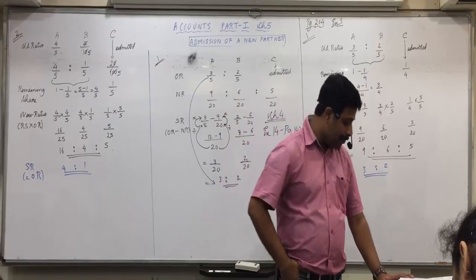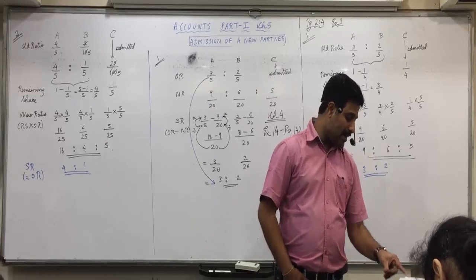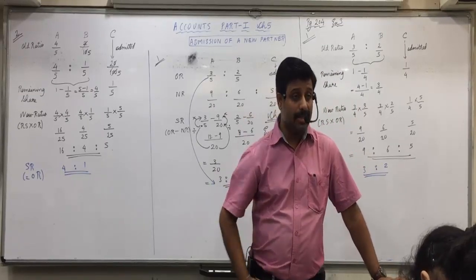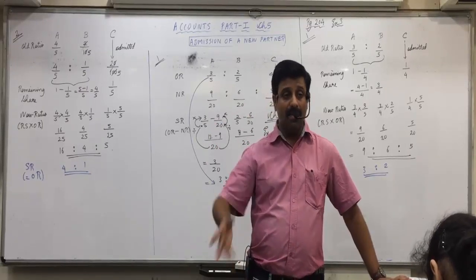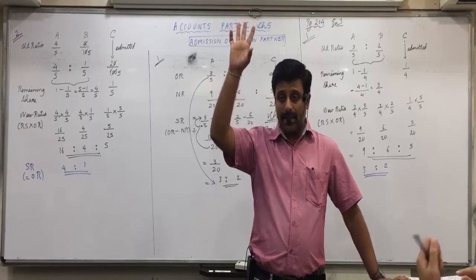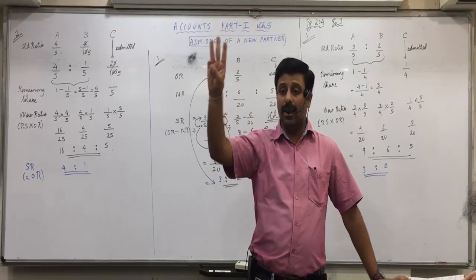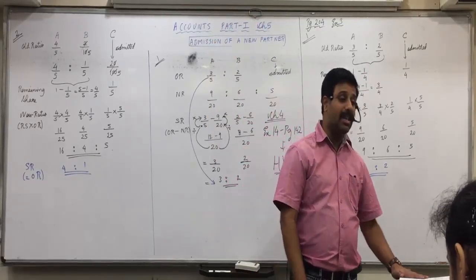Okay. Now, from the above information, write journal entries and prepare partners capital account and balance sheet. First, I discuss how you write the journal entries, because adjustments are not given. The revaluation account is already prepared. The first three journal entries I already discussed: general reserve, workmen compensation fund, profit and loss. Fourth journal entry, directly, the revaluation account debit side.